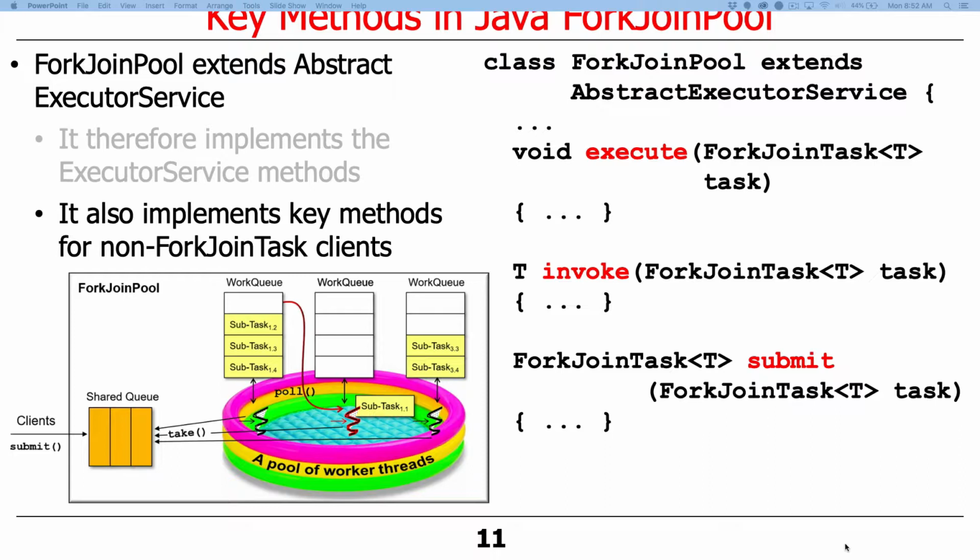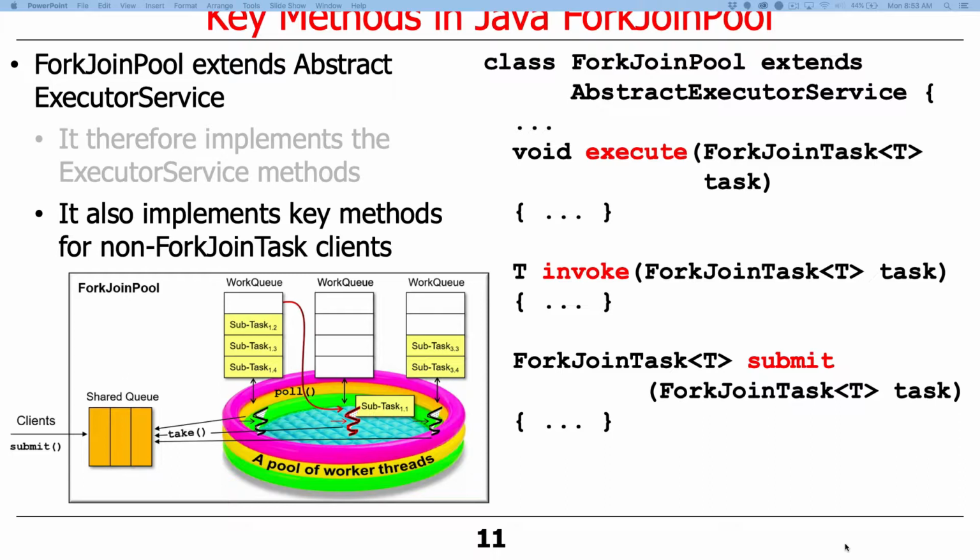The way this works is there's a little shared queue here, and when a client calls any of these methods like submit, invoke, or execute, it plops the ForkJoinTask onto this shared queue, and then the threads running in the worker pool of ForkJoin threads will take those things off the queue and start to run them.